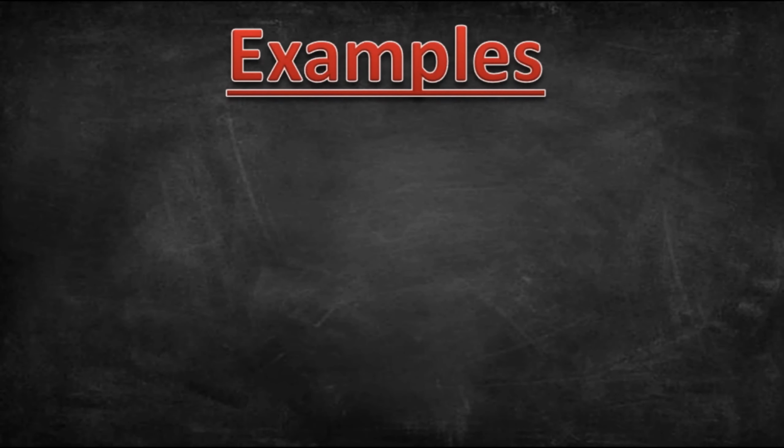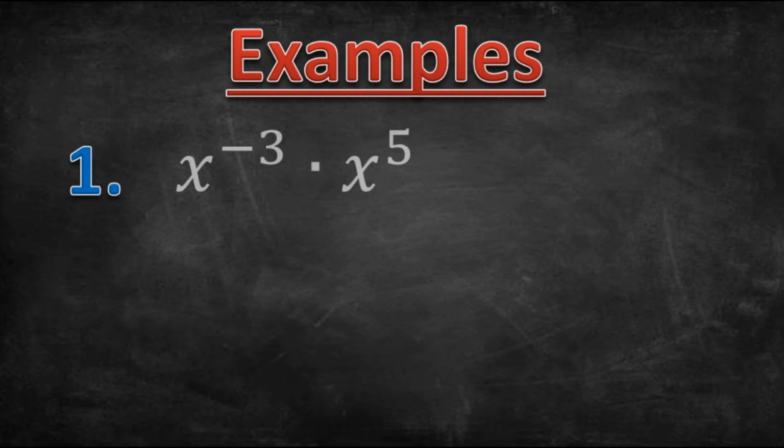We now want to look at a couple of examples that show the basic application of law 1 of exponents. In the first example, we have x to the negative 3 times x to the 5. Since the bases are the same and we are multiplying, we can apply law 1 and add the powers. So it comes to x to the negative 3 plus 5, which of course is x squared.